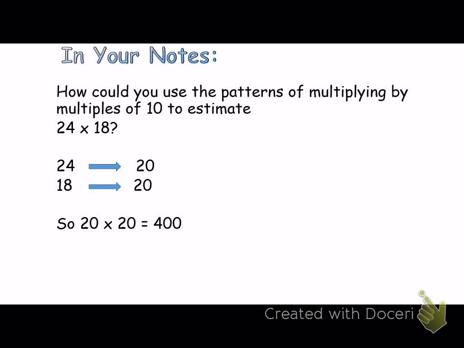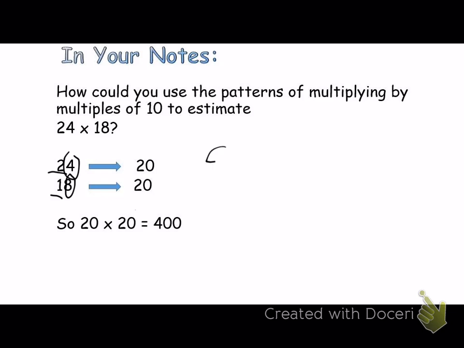So I take 24, and I'm looking next door at my 4. 4 or less, let it rest. So 24 is going to be 20. I look at 18. 5 or more, add 1 more, so I'm rounding 18 to 20 as well.